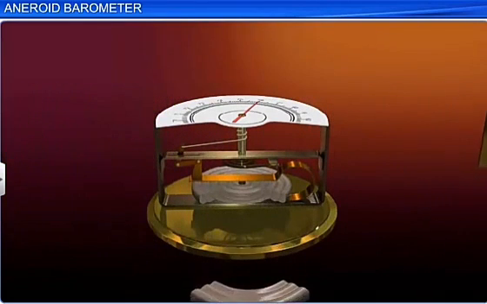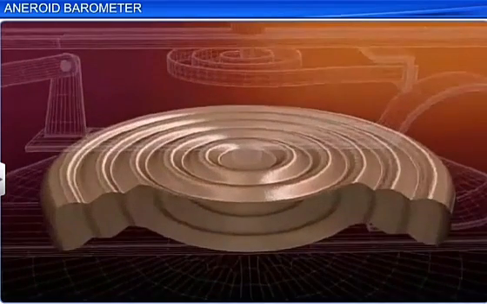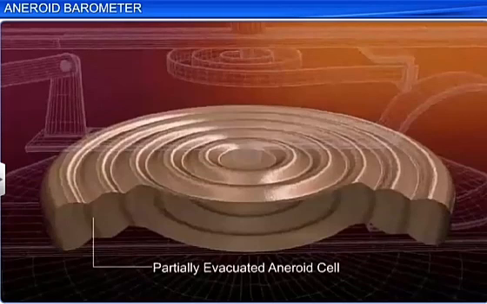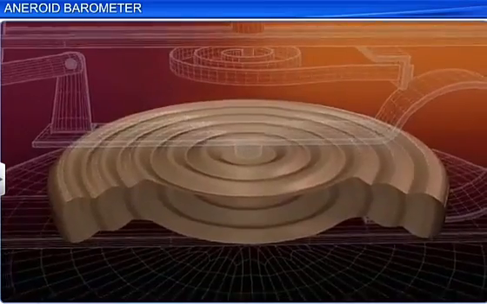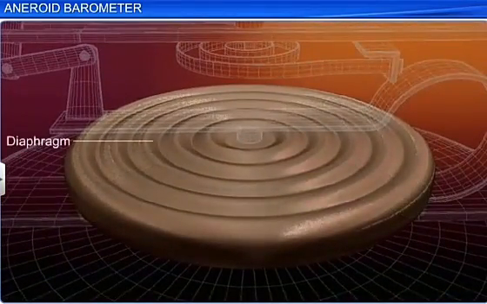Let's look at the components of an aneroid barometer. An aneroid barometer uses a small, flexible, partially evacuated metal box called an aneroid cell. The top surface is made of a corrugated metallic sheet and acts as a diaphragm.